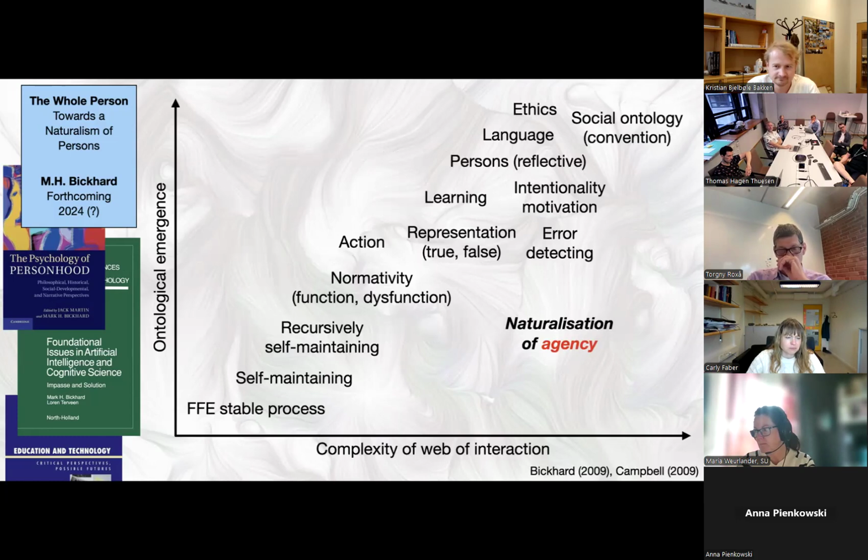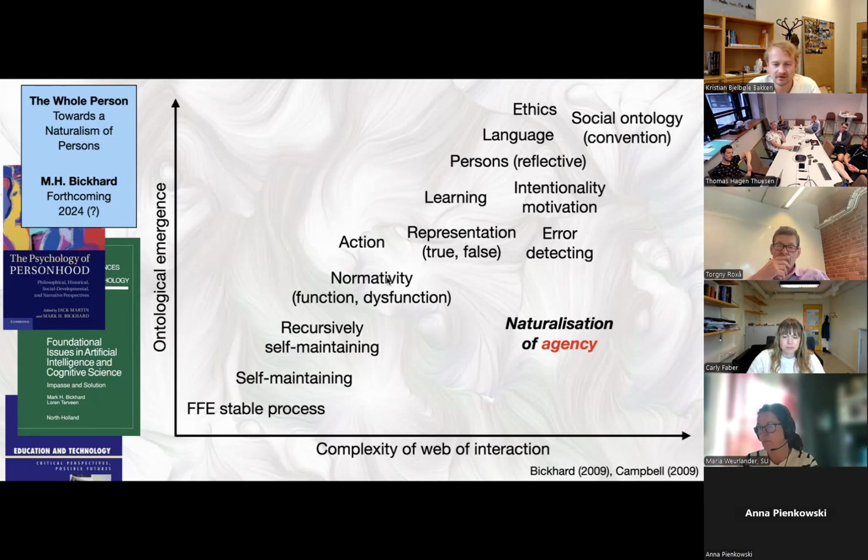Okay, so here's just my attempt to put some of these issues that are addressed in the interactivist model on a figure in a way, where of course the web of interaction can be excruciatingly complex when you get into social processes, and these are all emergent. Okay, so from equilibrium stable processes, some of them are self-maintaining, like a candle flame is a self-maintaining process until the wax runs out. Organisms are recursively self-maintaining. They can maintain their own self-maintenance.